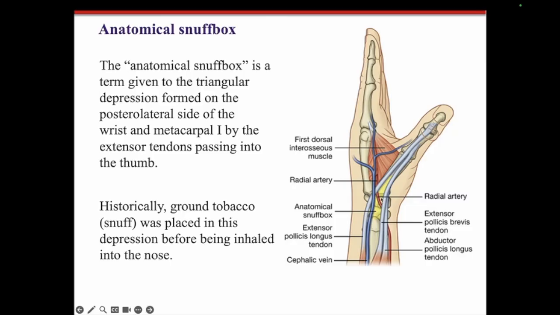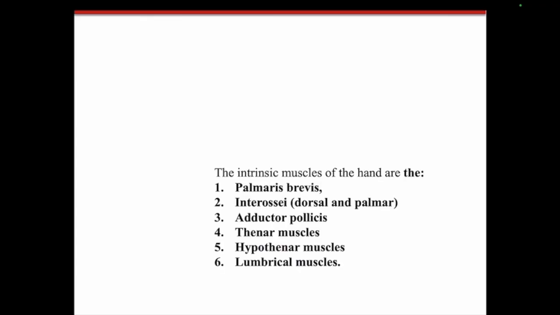It's anatomically important because the radial artery passes there and can be palpated.